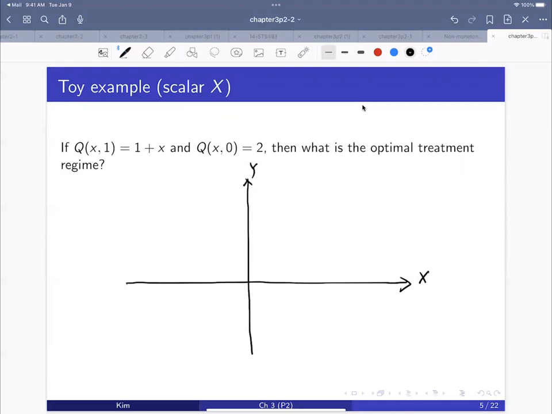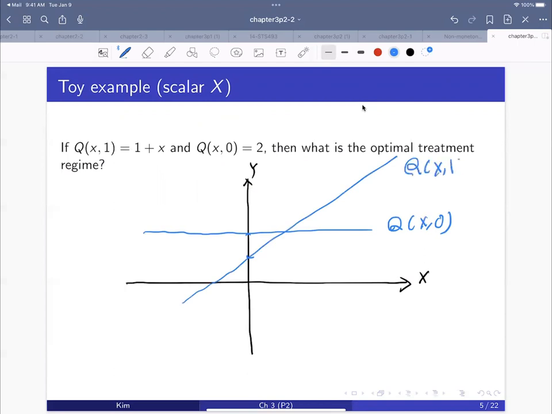You have Q(x, 0), which is 2, and then this is linear with Q(x, 1). What you are interested in is to maximize.